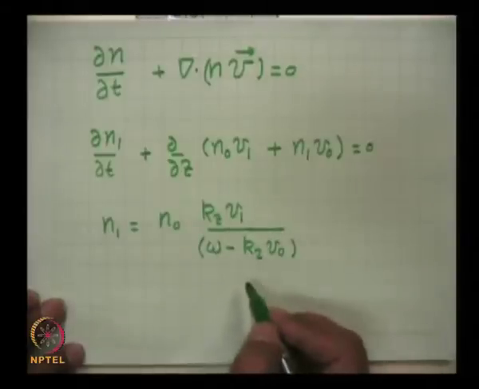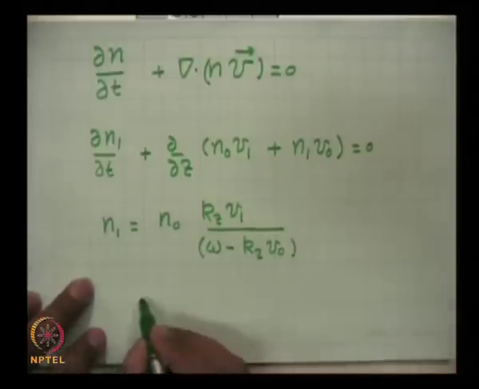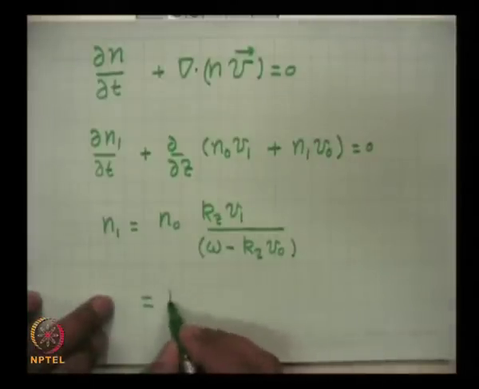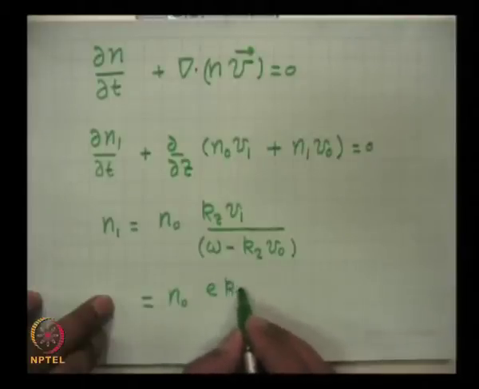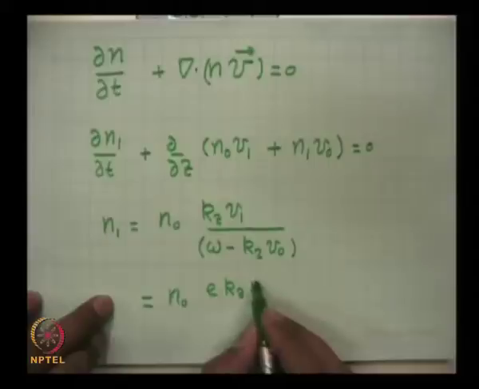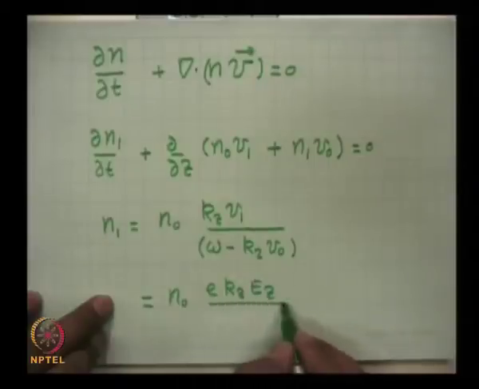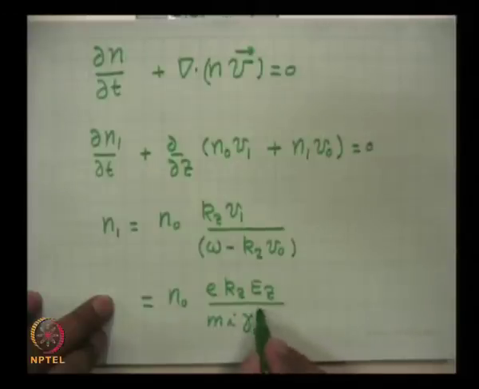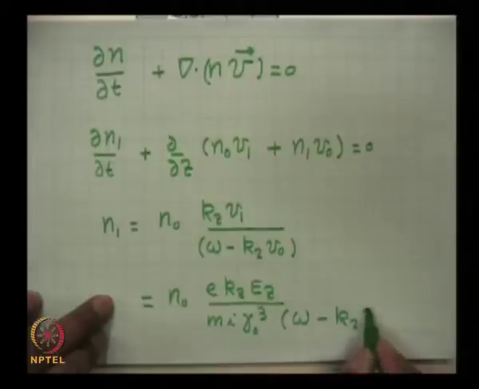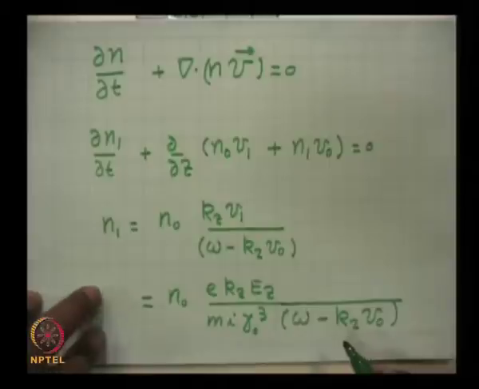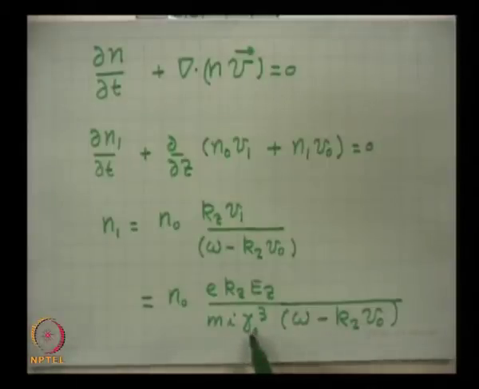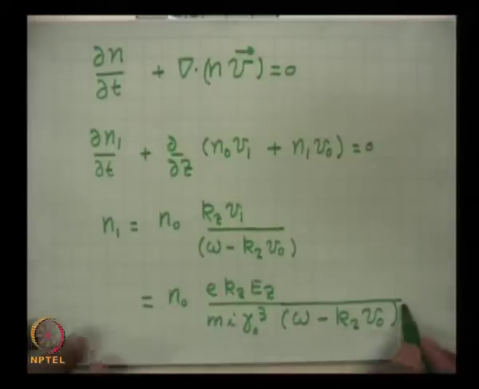If you use the value of v1 that we had obtained earlier, this becomes n0 e kz Ez upon m I gamma 0 cube and omega minus kz v0, whole square.